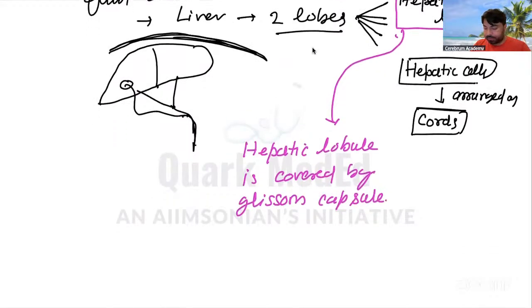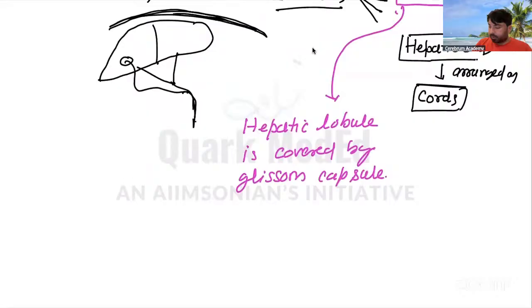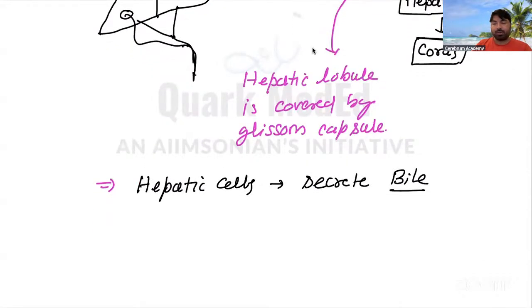Next point. Hepatic cells secrete bile. Hepatic cells means liver cells. So they secrete bile, or it is called bile juice. It contains bile pigment. Next point.